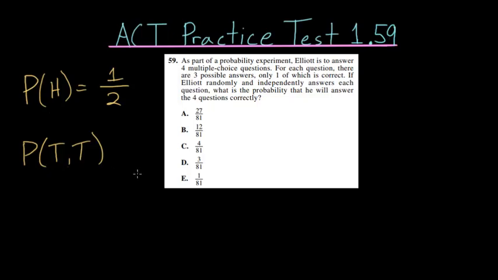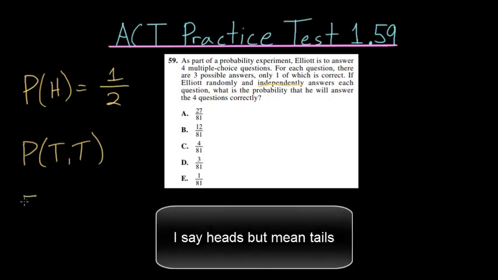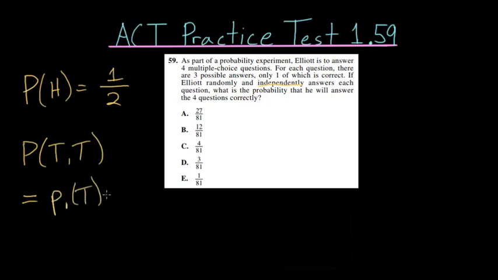So for these coin tosses, we're dealing with independent probability, and in the problem we're trying to solve, the answers are independent too. They do give us that information. Back to the coin example, the probability of getting tails twice in a row is the probability on our first flip multiplied by the probability on our second flip.